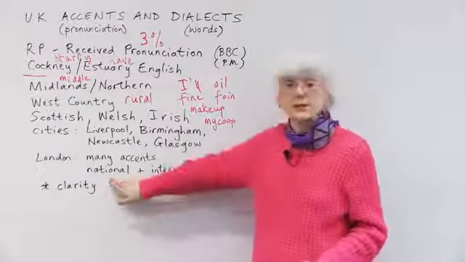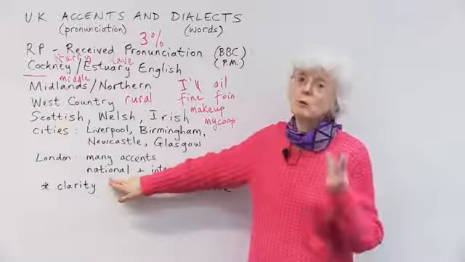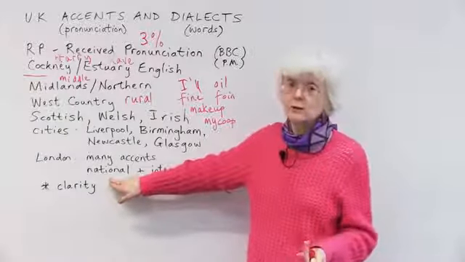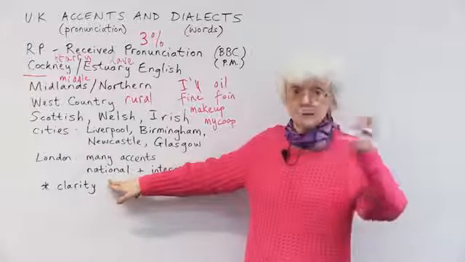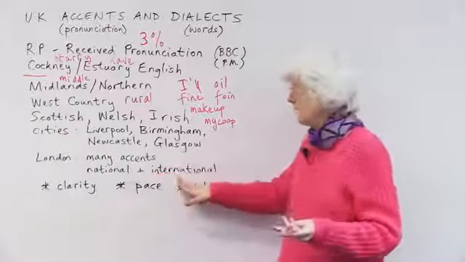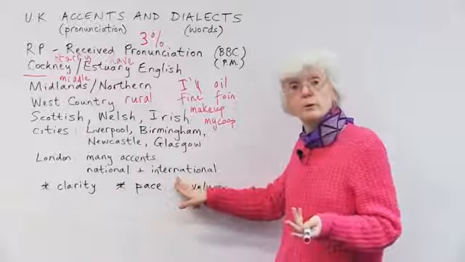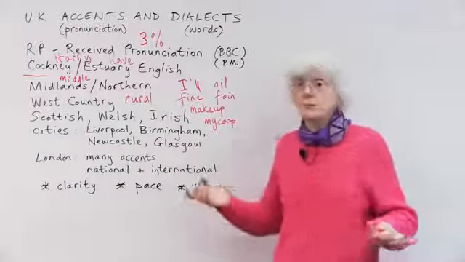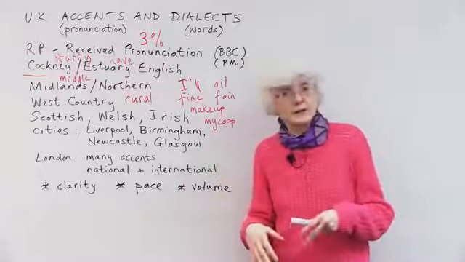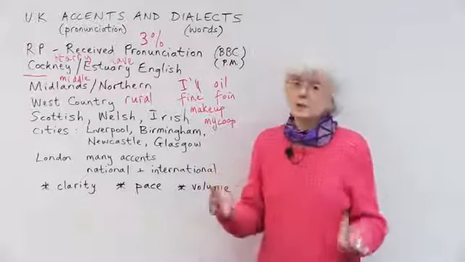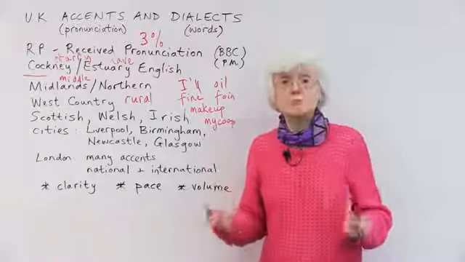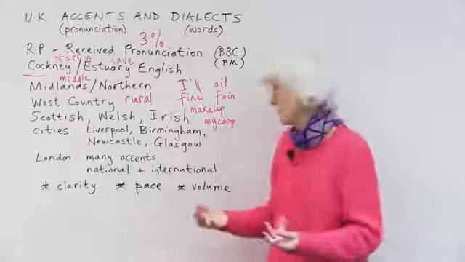You get the accents from the people who live in that country, the national accents and the regional accents from different parts of the country. You also get all the international accents from people who have come from other countries. Okay, so in any big city that you visit, you will hear many different accents.